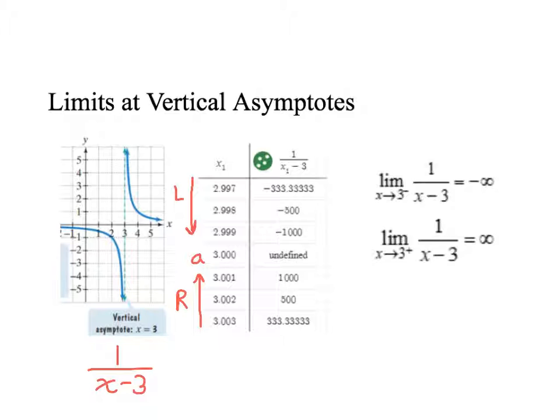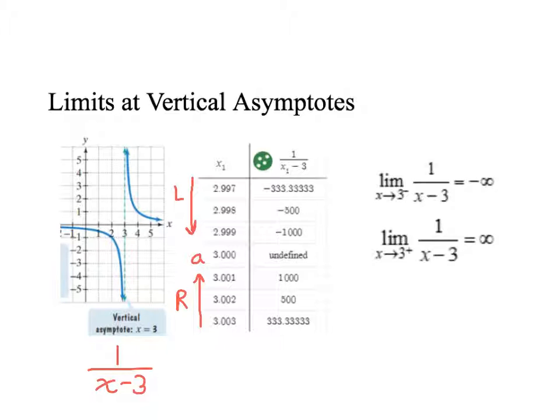So when we study vertical asymptotes, we would, for example, make a graph of 1 over x minus 3, and it turned out to look like this, and we had a vertical asymptote. Well, if you were to make a table of this one to find the limit and have x values approaching 3, which we'll say is our a in this case.